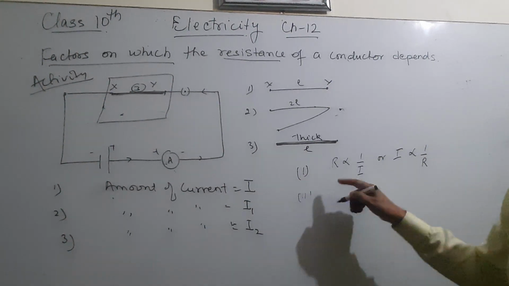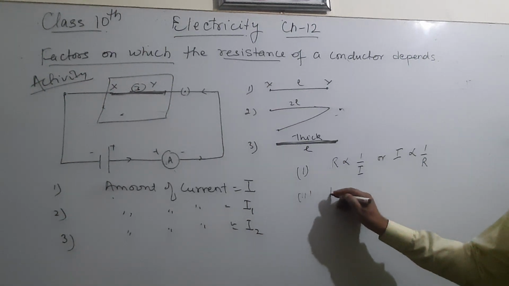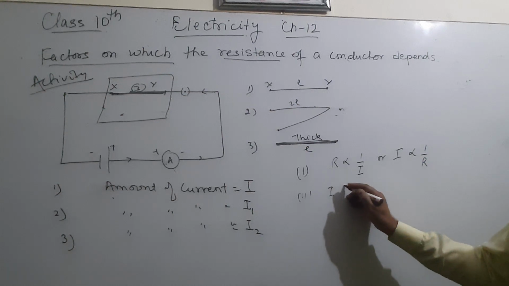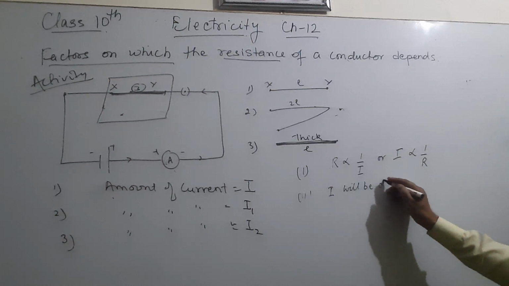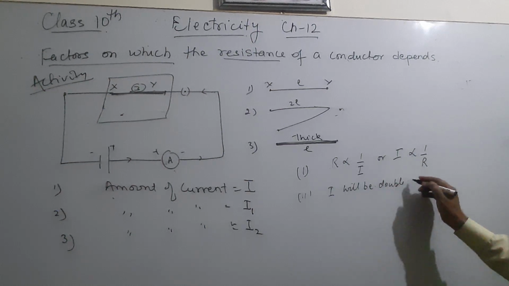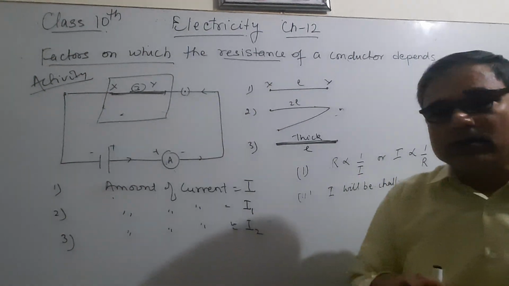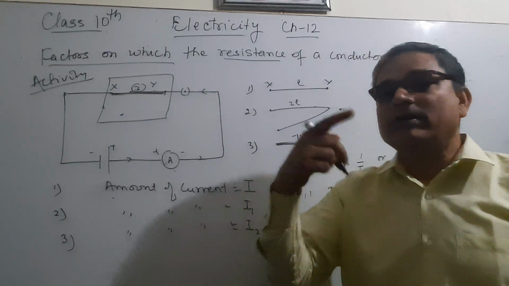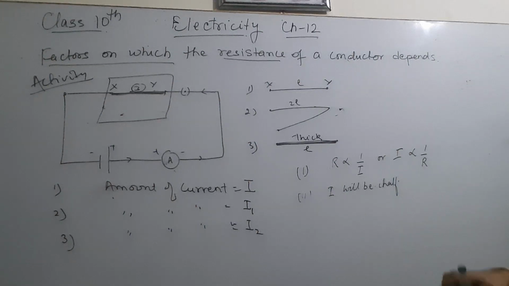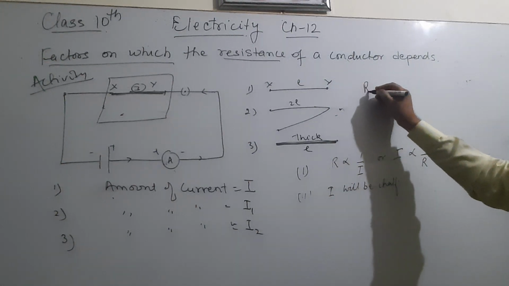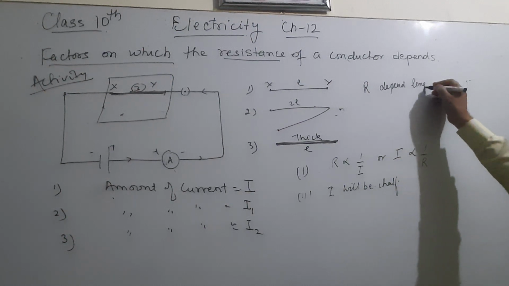In the second case, the length is double. If the length is doubled, then the current will be half. When the length is increased, the current will decrease. Why will the current decrease? It means the first condition is that resistance depends upon length.